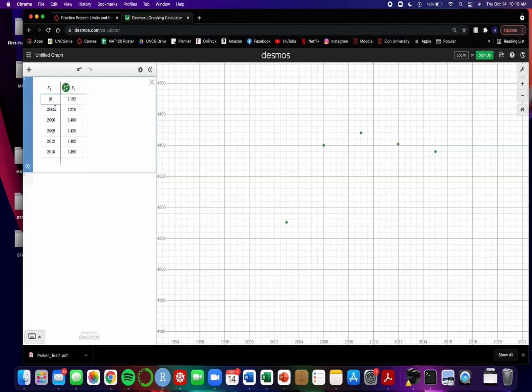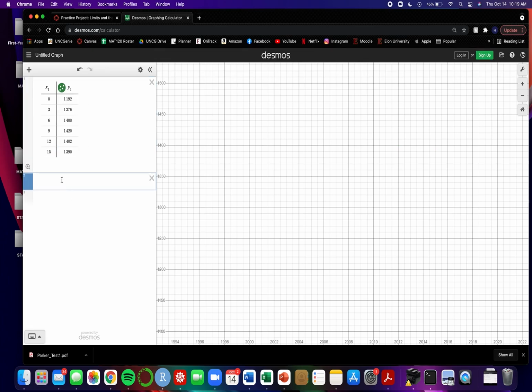So the first one should be just 0. 2003, that's 3 years from 2000. So again, just take 2000 off. And then 2012 is 12 years from 2000, and same for 2015, 15 years.